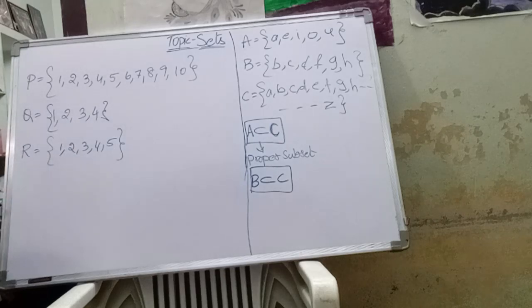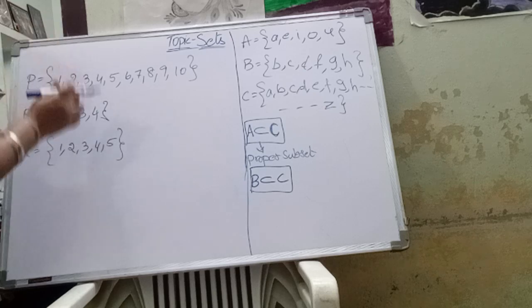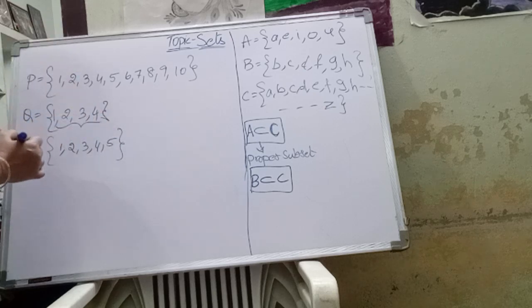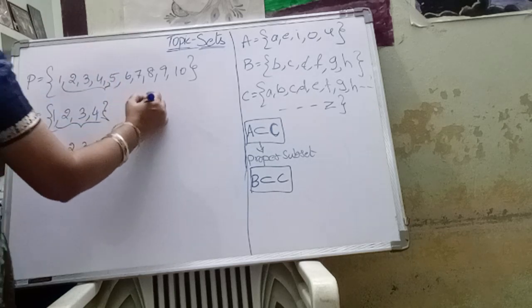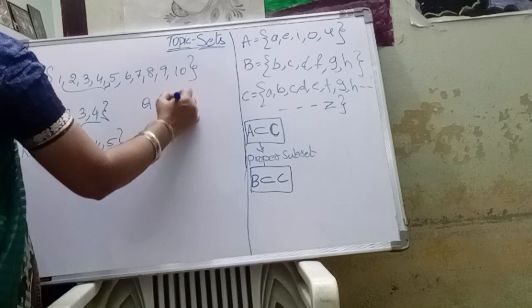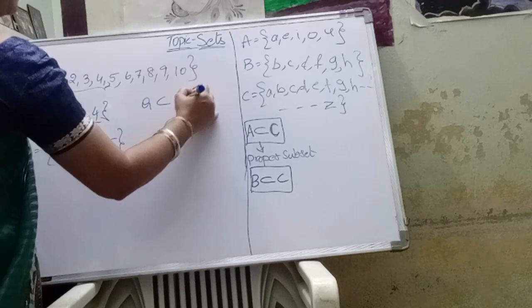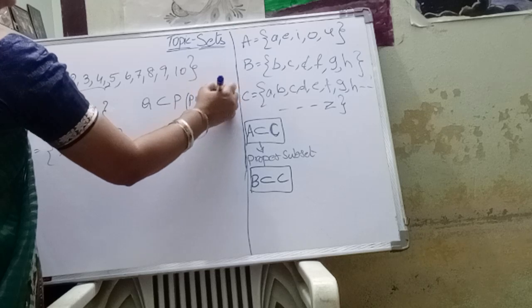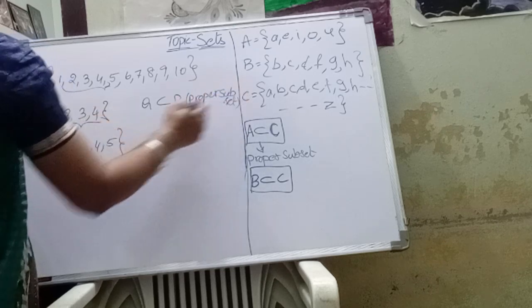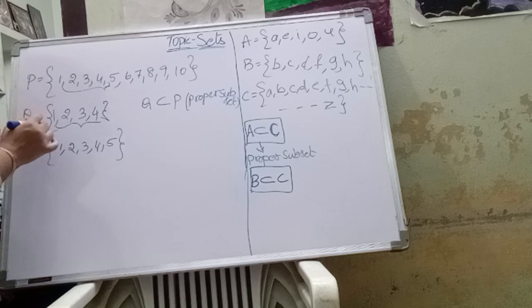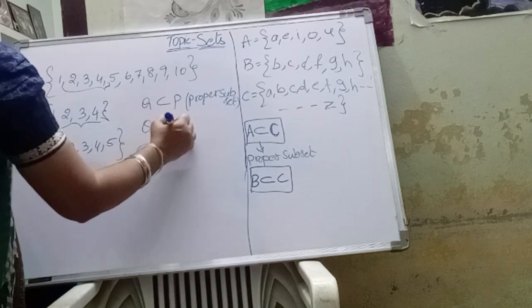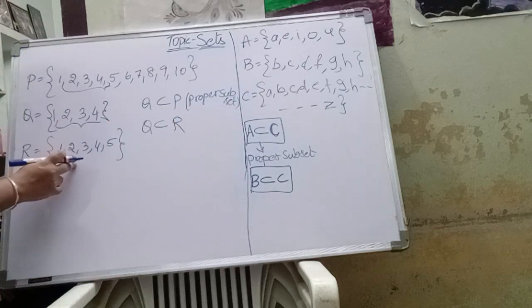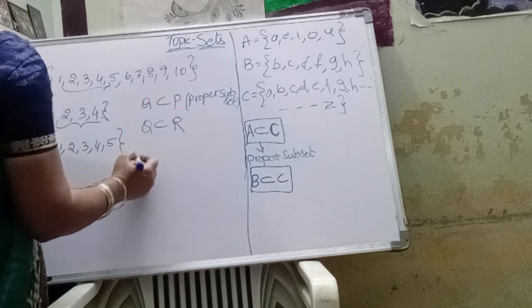Like this I took 3 sets again. Now we can say that Q is a subset to P because all the elements in Q are there in P. So Q is a subset to P, a proper subset also.